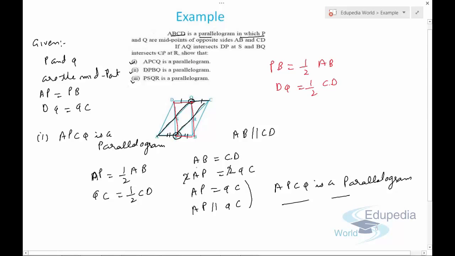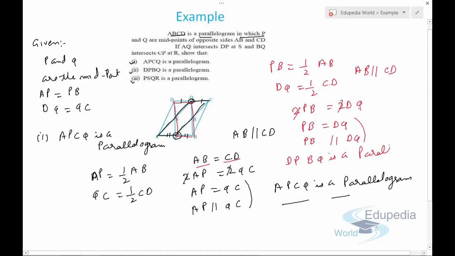Since AB equals CD, 2 times PB equals 2 times DQ. The 2s get cancelled, so PB equals DQ. Since AB is parallel to CD, PB is also parallel to DQ. Again, one pair of opposite sides is equal and parallel, so DPBQ is a parallelogram. This is how we can prove the second part.